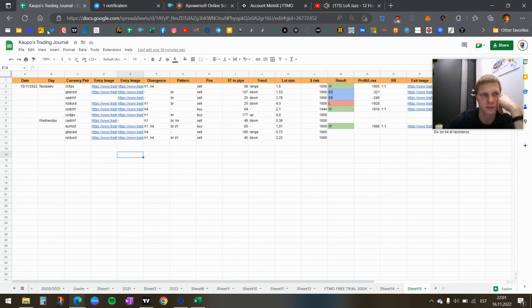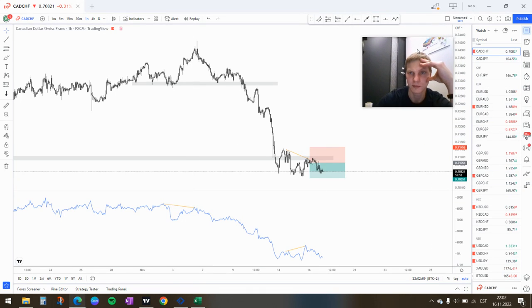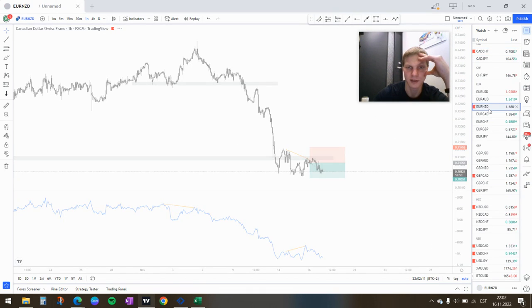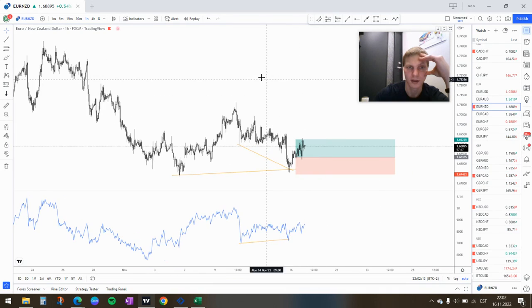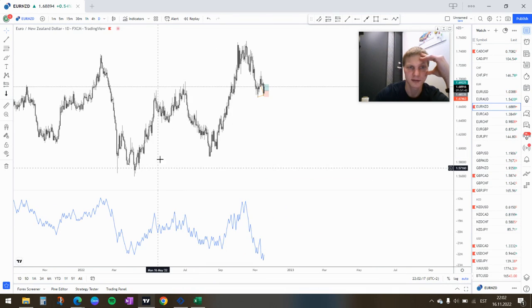And next I took a Euro NZD, which closed in profit. I'll show you here. It's simpler. Euro NZD. So the reasoning behind this trade is it's still an uptrend, right?